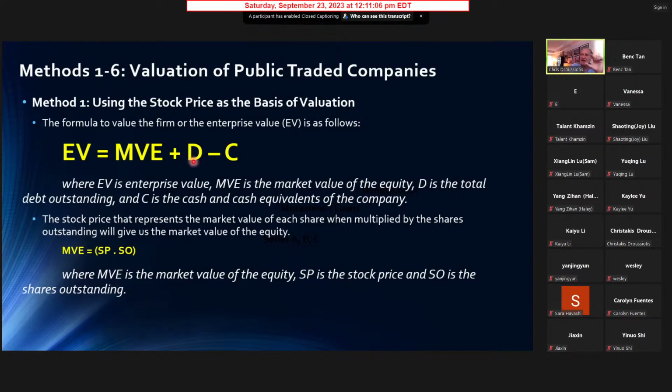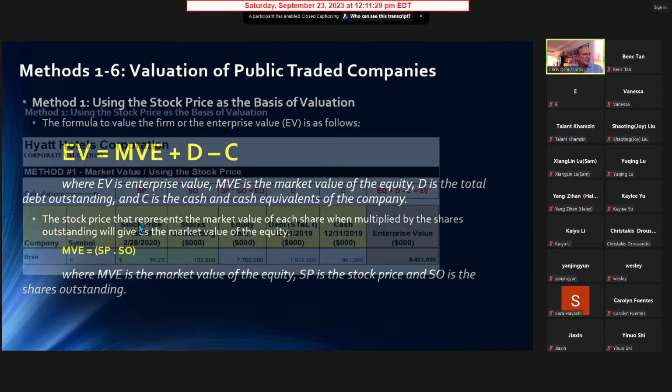If I take the debt amount minus the cash amount, meaning net debt, then you get to an enterprise value. The reason I bring enterprise value is because a lot of the methods calculate enterprise value first, and then you reverse the process to get to the stock price, okay?